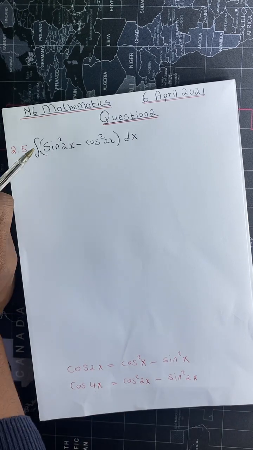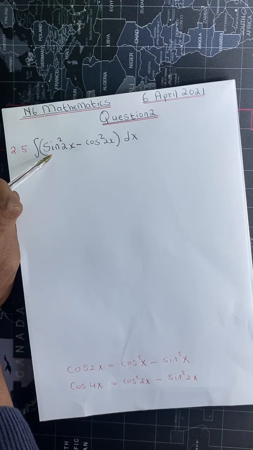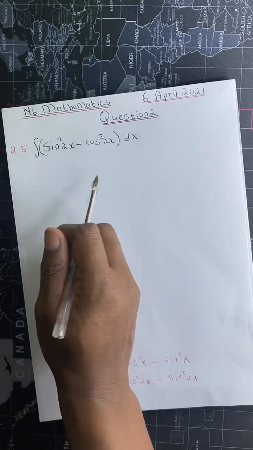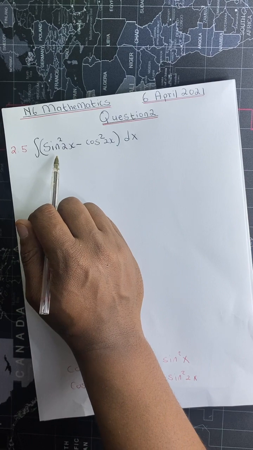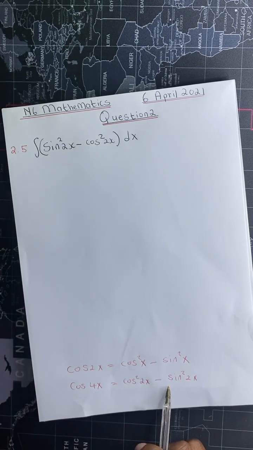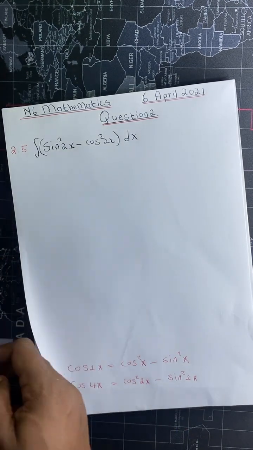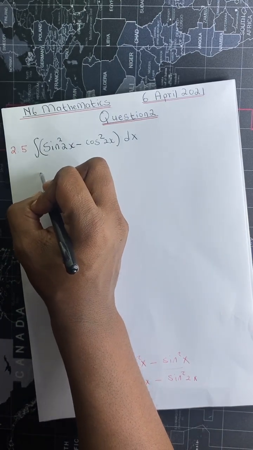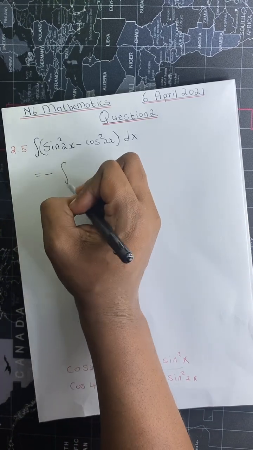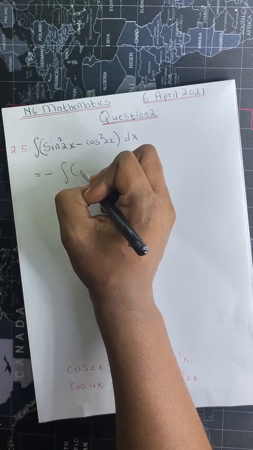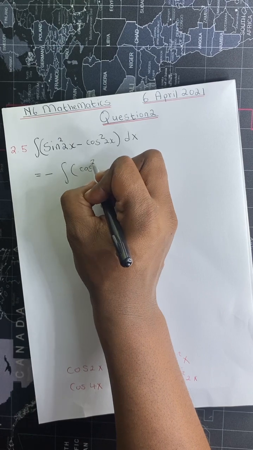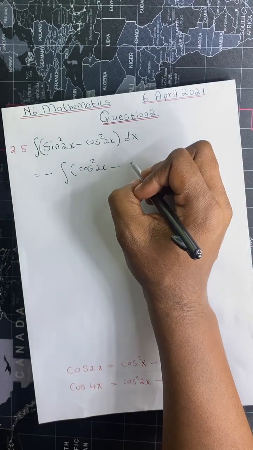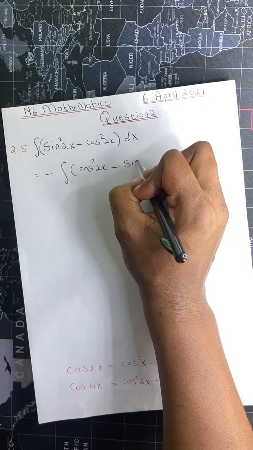In 2.5, we are starting with sine squared instead of cos squared. So the sine is positive, but here the sine is negative. We have to manipulate our integral so that it can match what we have here. To do that, we take negative as our common factor so that the cos squared 2x can be positive and the sine squared 2x can be negative.